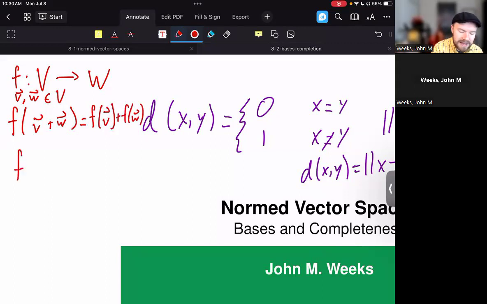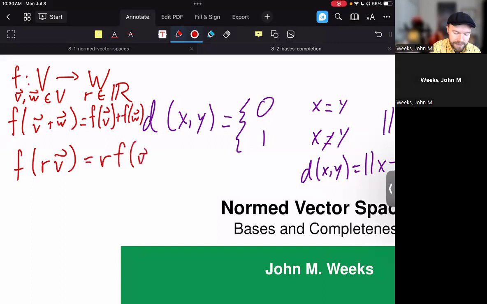We also ask that when you plug in a real number inside of this function, then f of rv is equal to r times f of v for any real number r. So this is what is meant by a linear function. And one of the properties of a norm, that of homogeneity, seems to suggest that you at least have this secondary part.